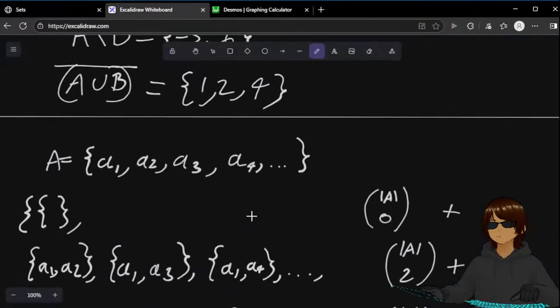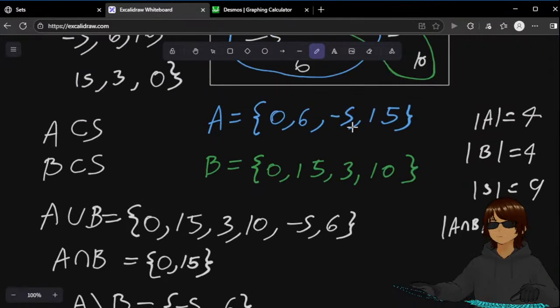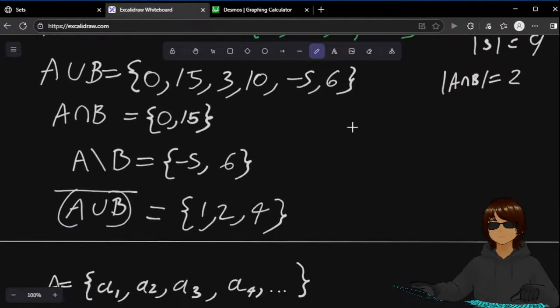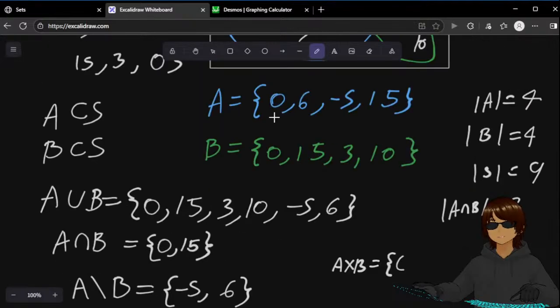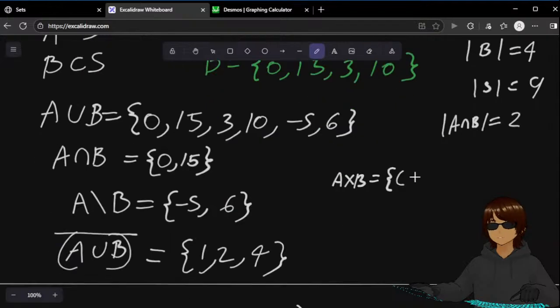I see. So in this example above, A Cartesian B would be the set (0, 0), (0, 15), (0, 3), (0, 10).